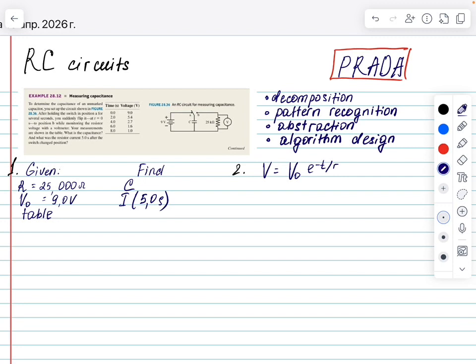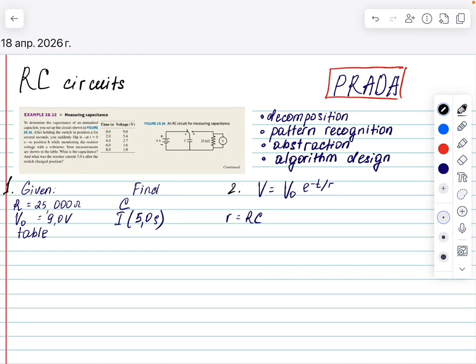And where the time constant is this one.